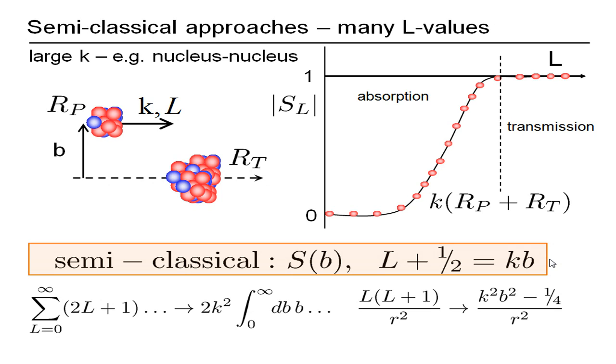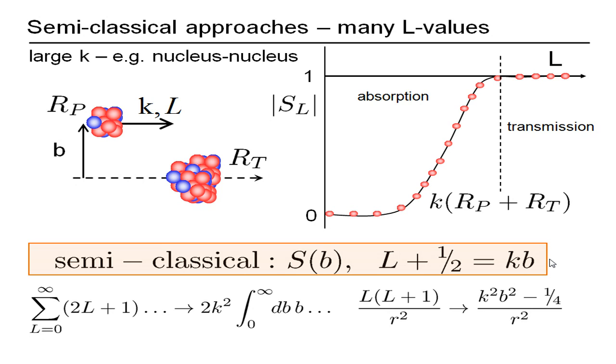As we go to larger L's and we get to the surfaces where these things just graze each other and then cease to hit each other, this S matrix element climbs to 1, indicating that these two particles simply transmit past each other. So in this S matrix element, there's an absorption phase at low angular momenta and a transmission phase at larger angular momenta.